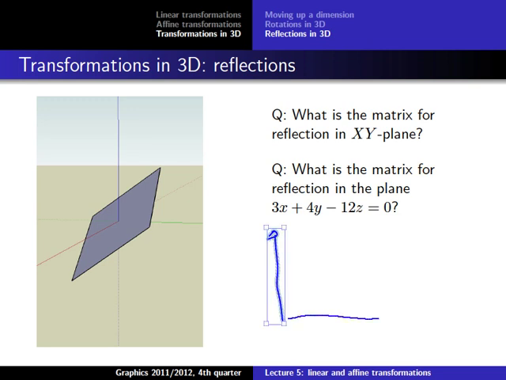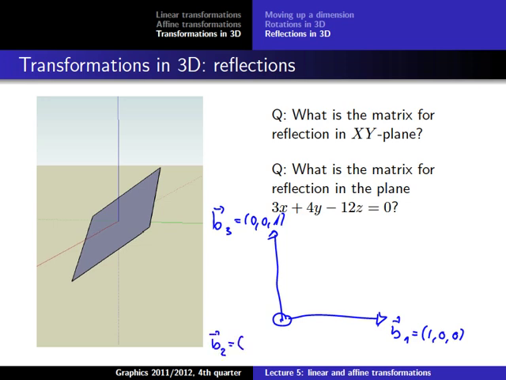If this is our base, so this is the base vector b1 is 1, 0, 0. This is our base vector b3, which is 0, 0, 1. And this is coming out of the screen, our vector b2 equals 0, 1, 0. And now we have a plane that goes through the origin. So if we have that doesn't go through the origin.